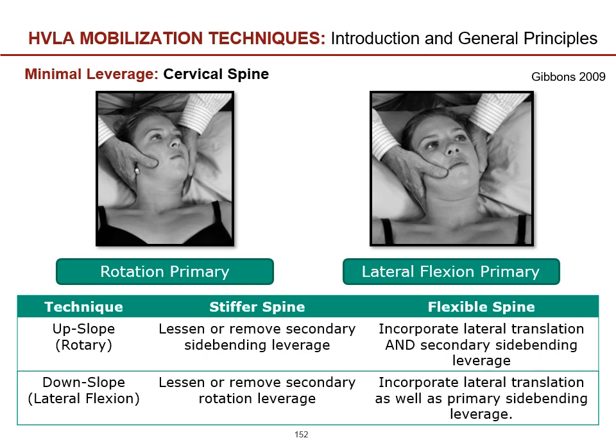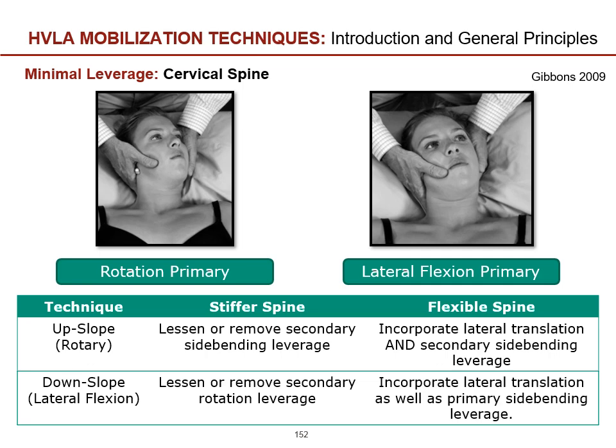Say you have a patient that has a stiffer cervical spine and you're using the rotary technique, then it's potential that you would lessen or remove the secondary side bending leverage, and you wouldn't need to apply as much. Versus in the more flexible spine, incorporating lateral translation and secondary side bending leverage would be helpful in order to create that artificial barrier or that minimal leverage positioning.